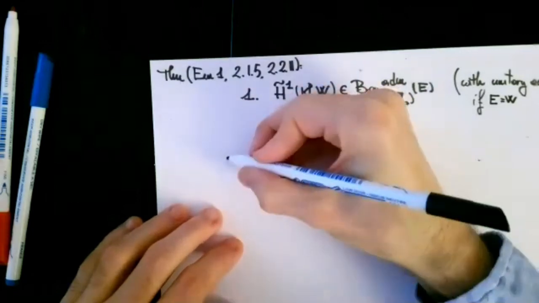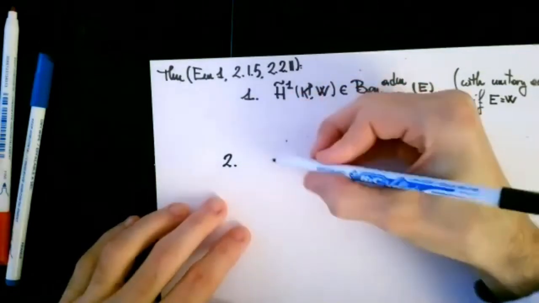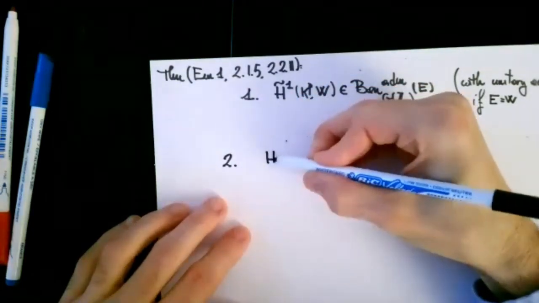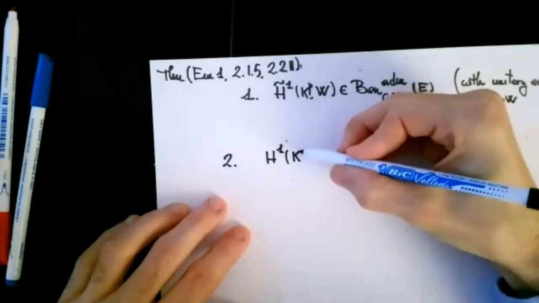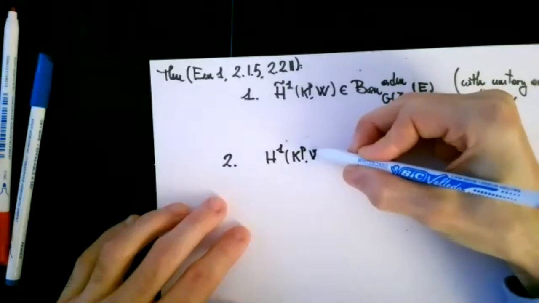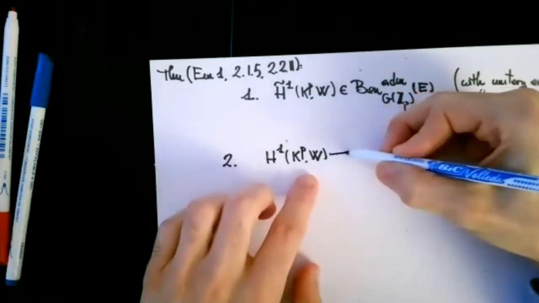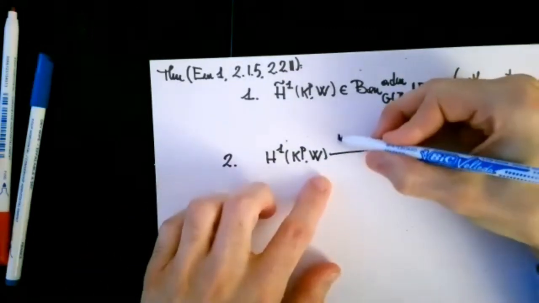And the second point is that we have a factorization as follows. So H^1, as I mentioned to you before, is the usual thing that we saw already a few times. So we have H^1 is the natural map with dense image.